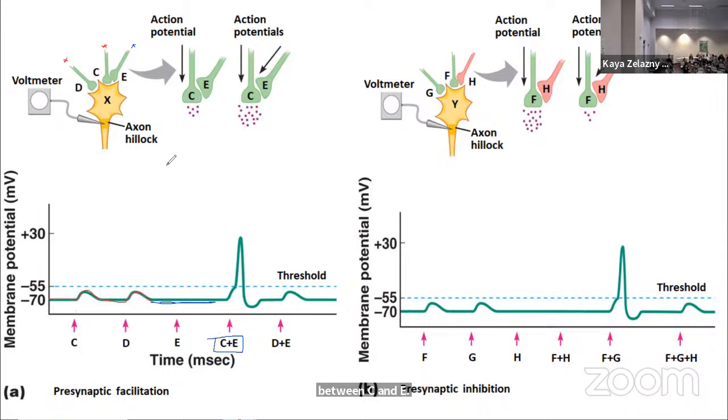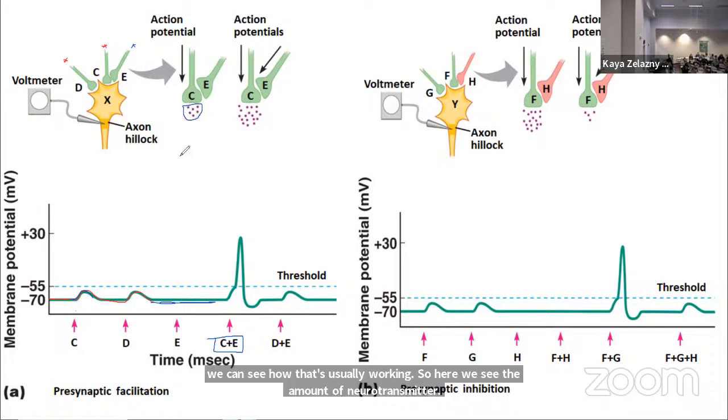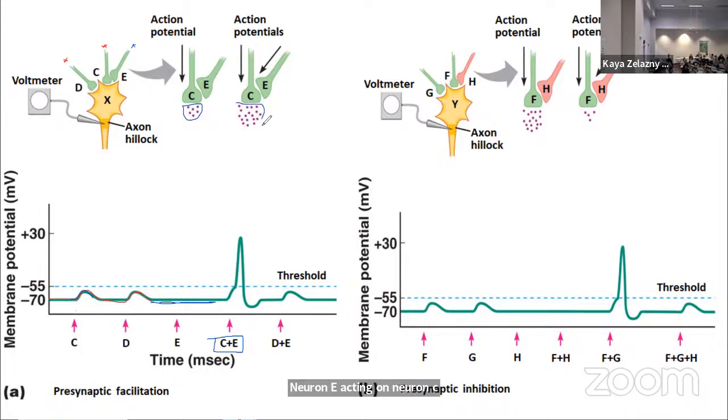So if C and E fire at the same time, usually C would have a slight depolarizing effect on neuron X. And we can see how that's usually working. So here we see the amount of neurotransmitter usually released by C. If C and E fire at the same time, neuron E, acting on neuron C, increases that depolarization in the axon terminal, increases how much calcium is coming in, all that good stuff, increases how much neurotransmitter C releases.